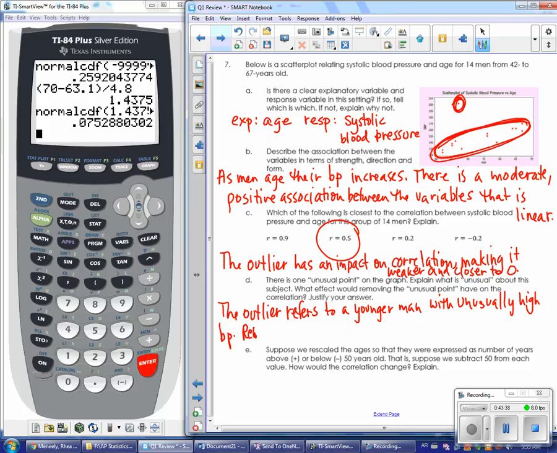Removing him would strengthen the correlation and cause R to approach +1.